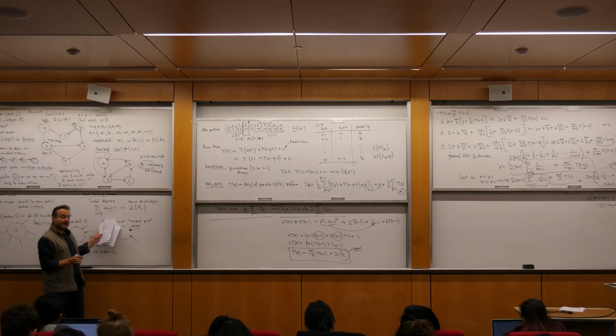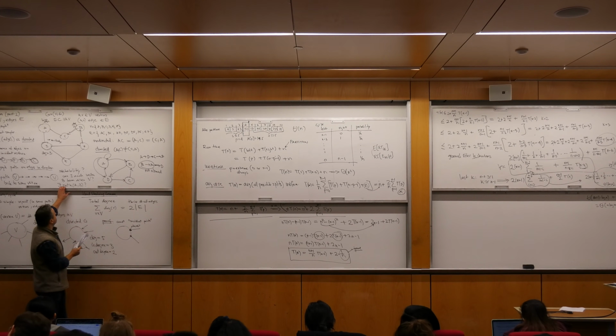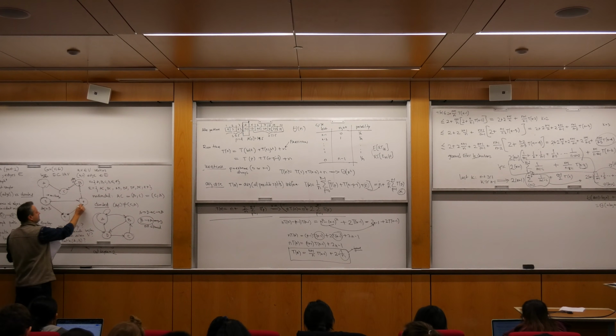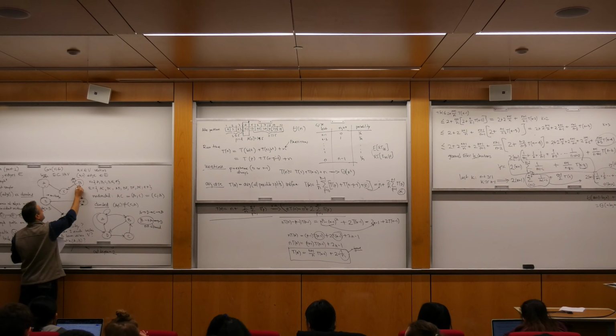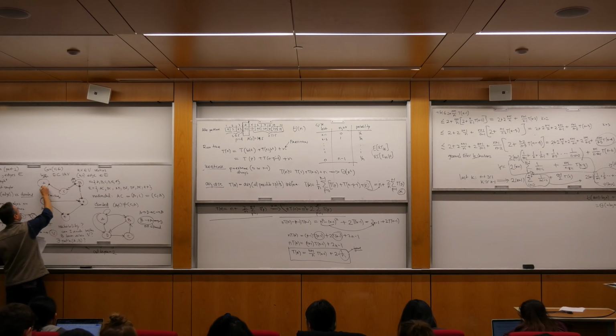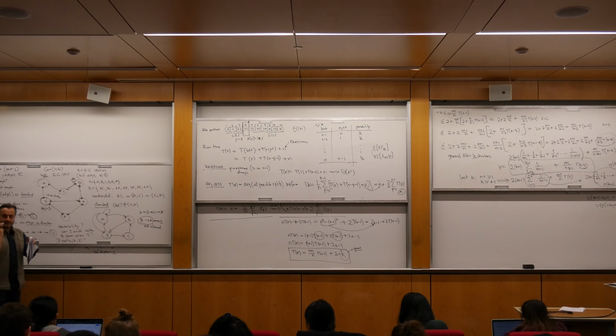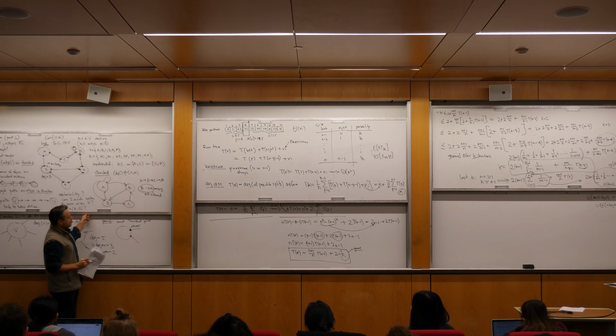So I want to count these incident points. Here they are: 1, 2, 3, 4, 5, 6, 7, 8, 9, 10, and so on and so forth. Those are my incident points. Every time an edge connects to a vertex, that's an incident point. I want to count this in 2 ways.